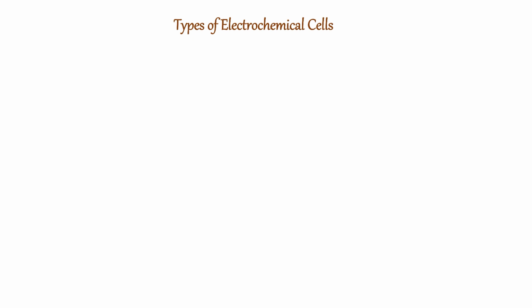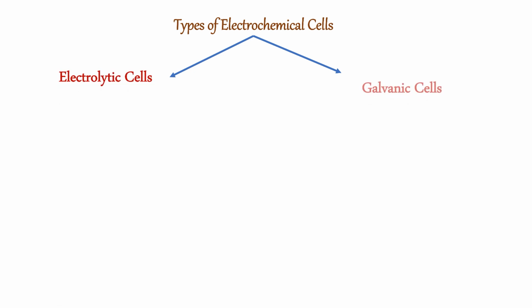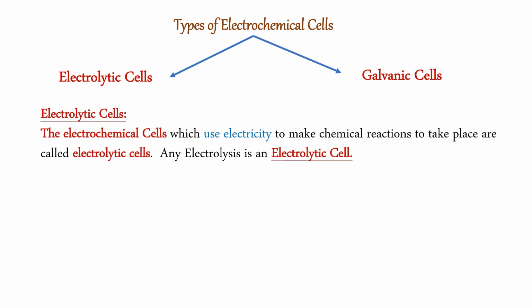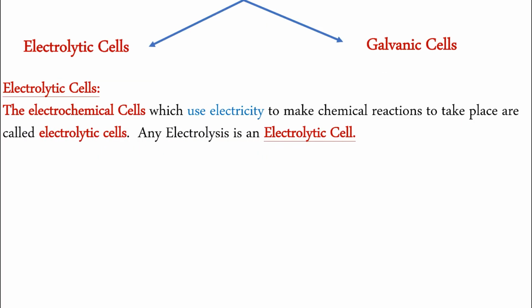Types of electrochemical cells. We get two types of electrochemical cells: electrolytic cell and galvanic cell. Electrolytic cells. The electrochemical cells which use electricity to make chemical reactions take place are called electrolytic cells.